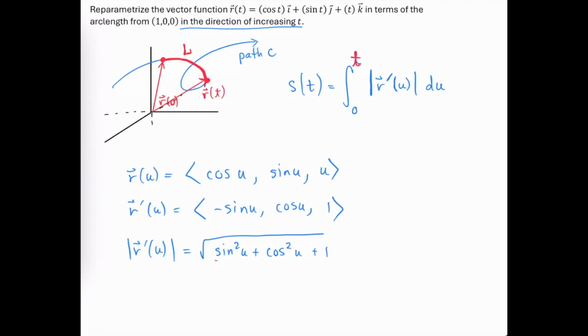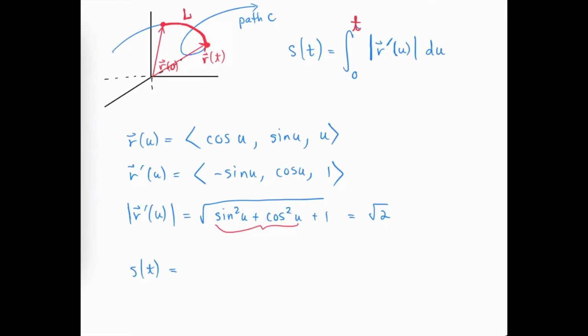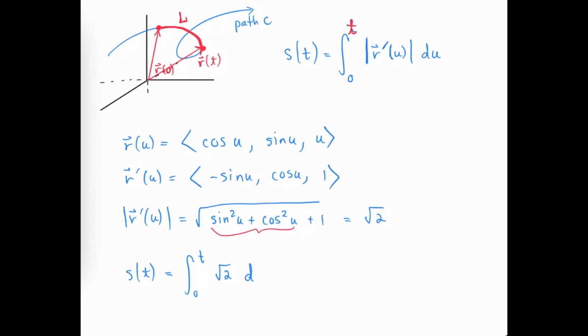Again, we see that sine squared plus cos squared is 1, and 1 plus 1 is going to be 2 as the radicand. So our arc length that depends on how much time we let pass is going to be the integral measured from 0 to t, root 2 is the integrand, and we're integrating with respect to u.